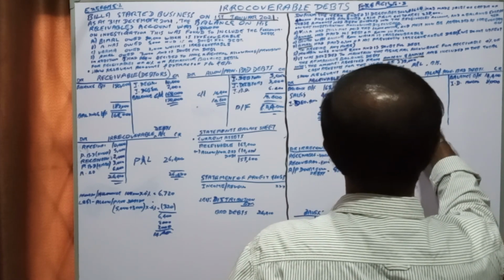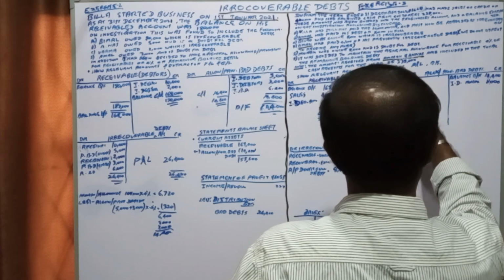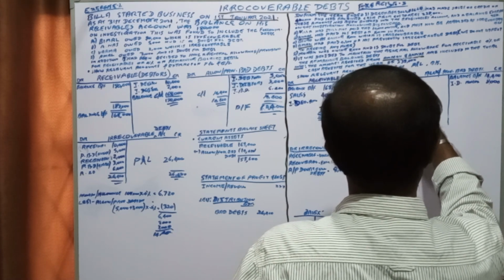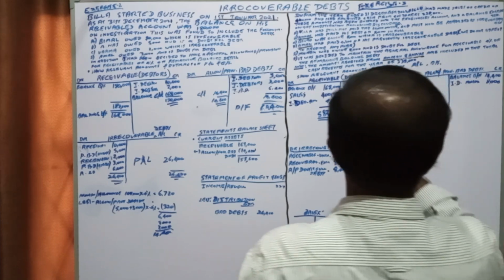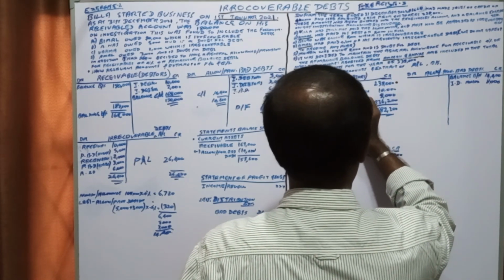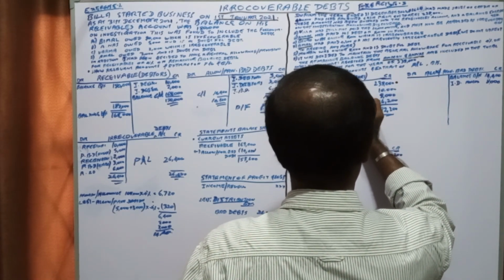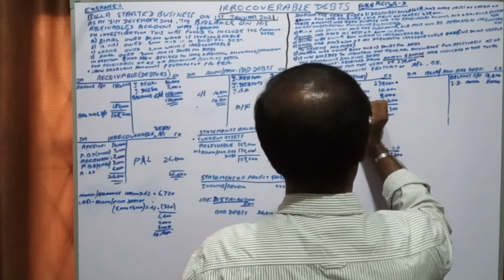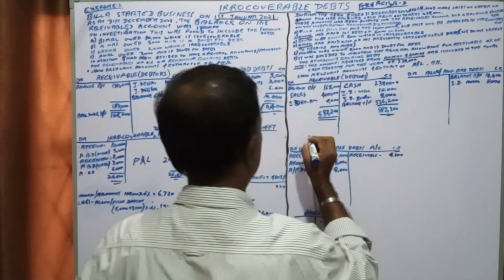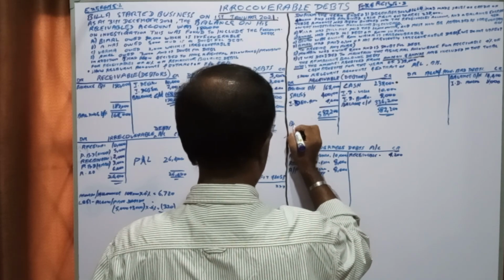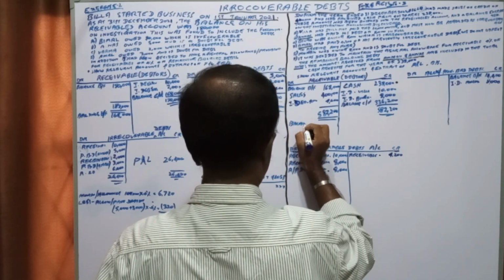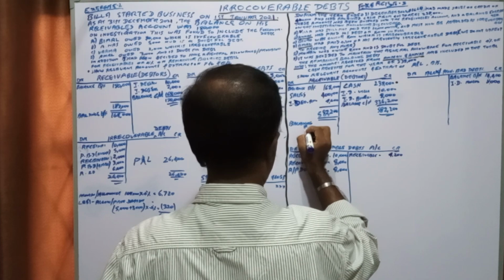We had to carry it forward. Then 3 into 5. This is balance carried on. Okay, this is balance brought forward.